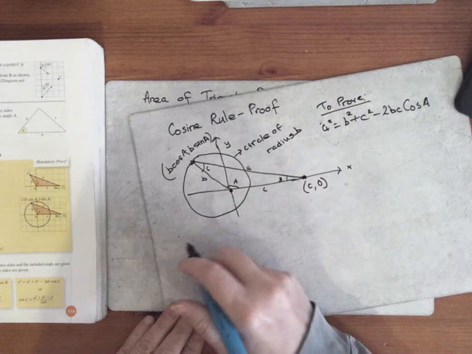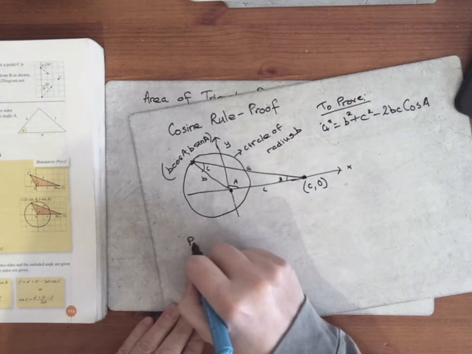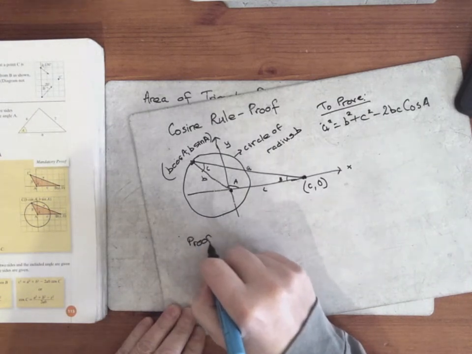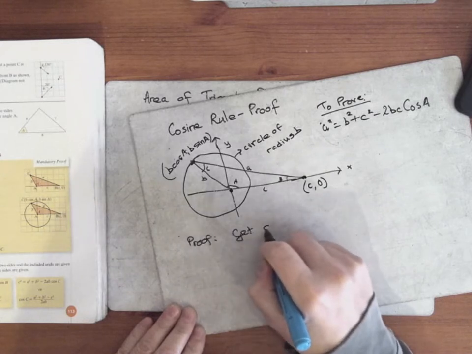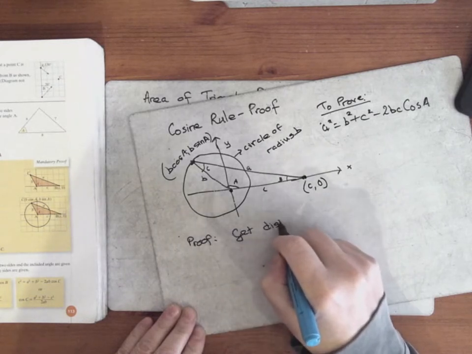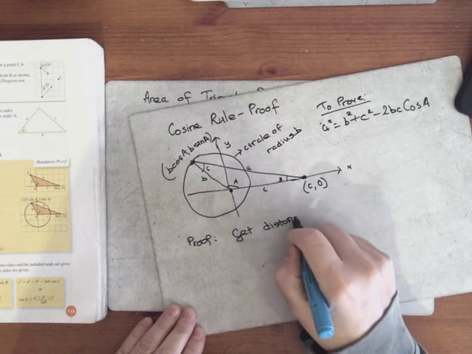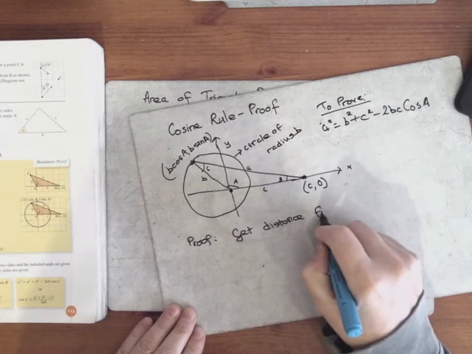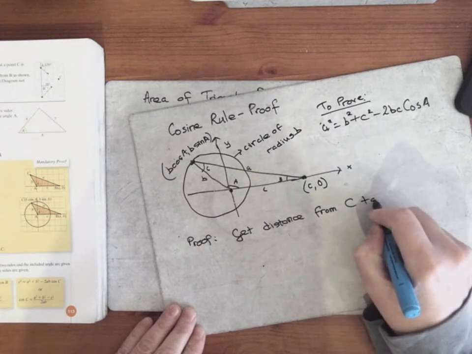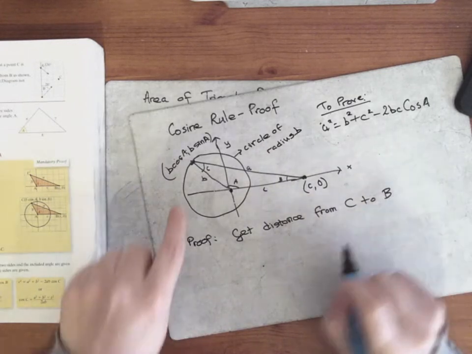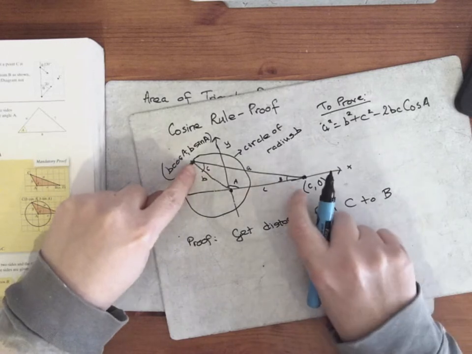Right, so for my proof, I'm going to get the distance from C to B, so capital C to capital B, from this angle here over to this angle here.